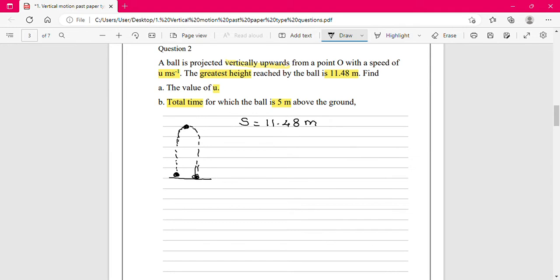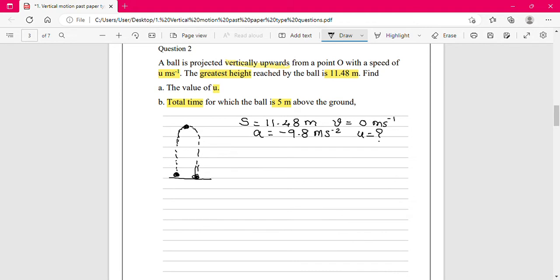Then the final velocity of the ball, we are considering only the journey of the ball in one direction from the ground to the maximum height. So the final velocity will be 0 meters per second, and since the ball is decelerating, a will be negative 9.8 meters per second square. You want to find out the value of u.